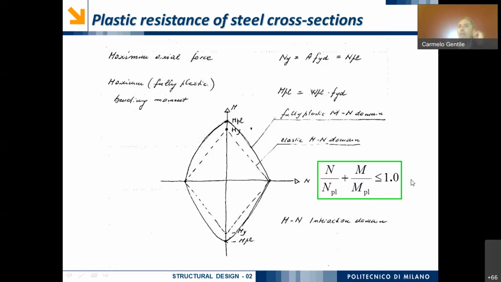Again, the meaning of the interaction domain is very similar to the previous one.